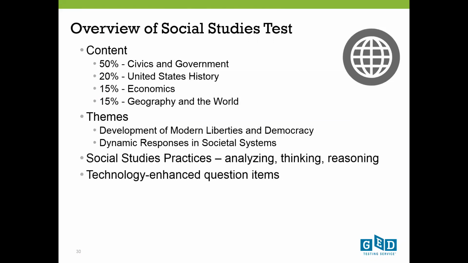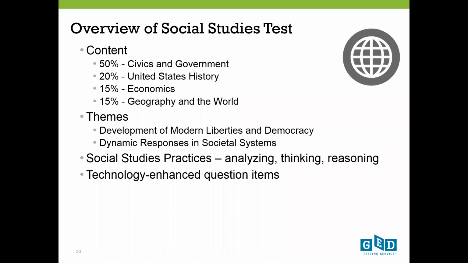It's 50% civics and government, 20% U.S. history, 15% economics, and 15% geography and the world. Two organizing themes, the development of modern liberties and democracy and dynamic responses in societal systems, just give coherence across the content coverage.